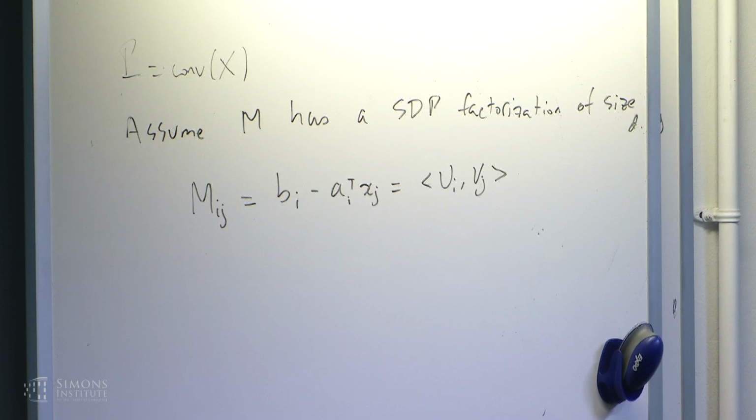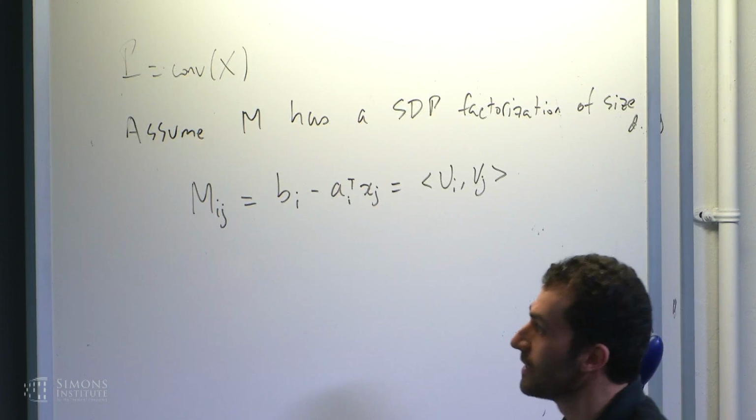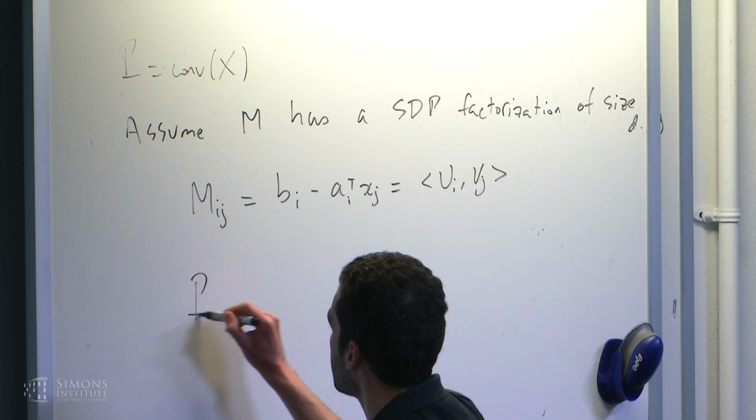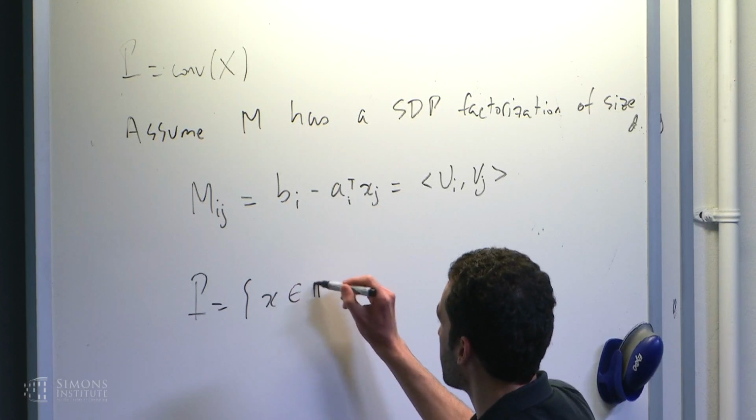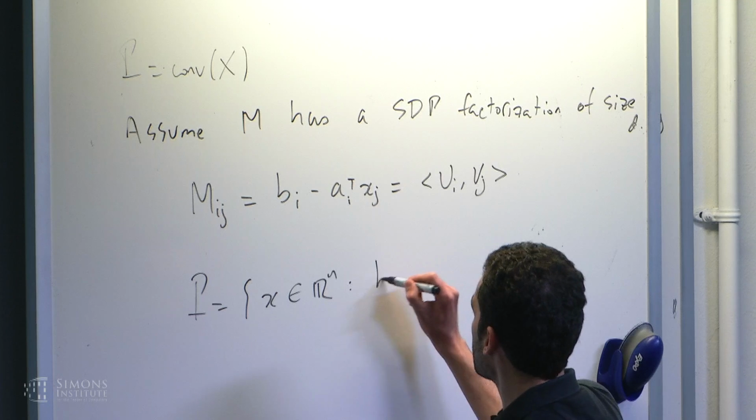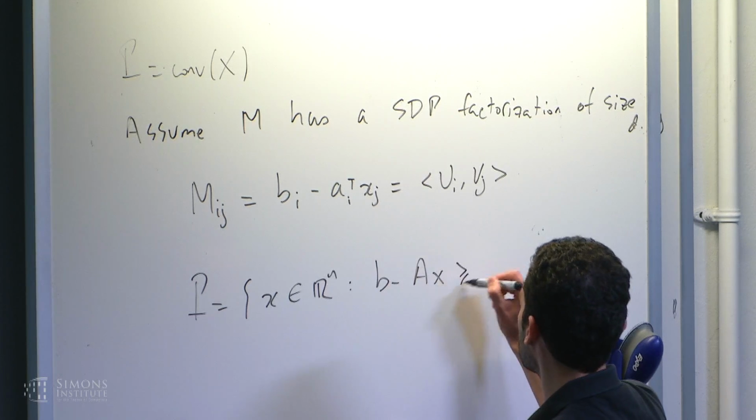So I'm going to use exactly the same thing that Thomas did. I know that P can also be written in the following form: B minus AX non-negative.